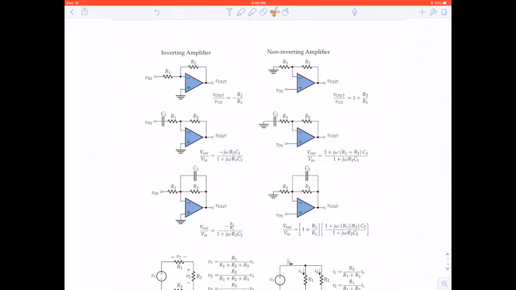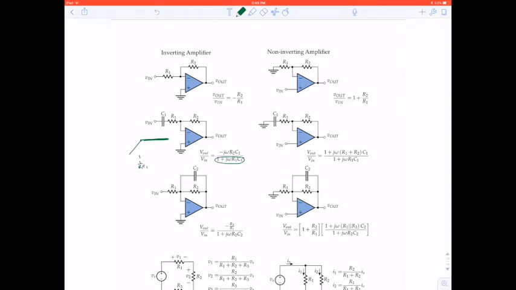So this has a high-pass type response. If we sketch the Bode response, the overall gain will be R2 over R1 expressed in dB, and the corner frequency is set by this pole, 1 over R1 C1.